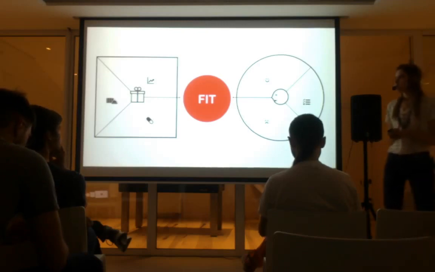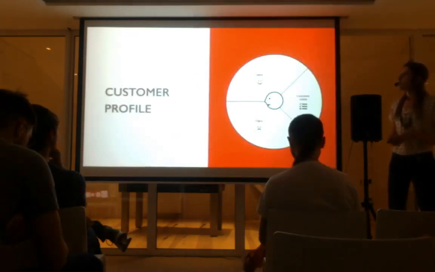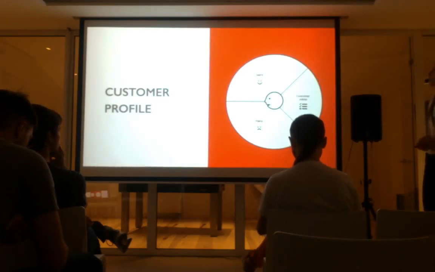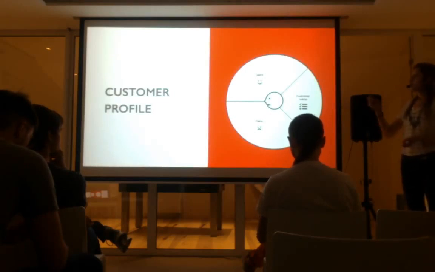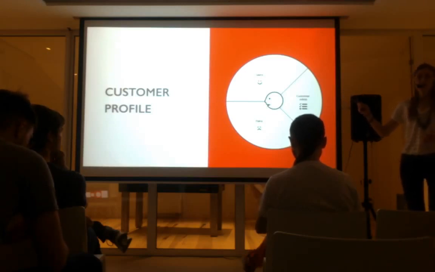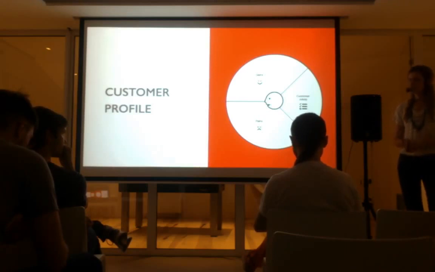And okay, so I'll not go into details of how it works, but just a few main points. First, you have a customer profile, and you draw a circle and you list customer jobs. What jobs your customer has to do. So you just take a segment, we take our beauty lovers, and we list what they want to achieve.